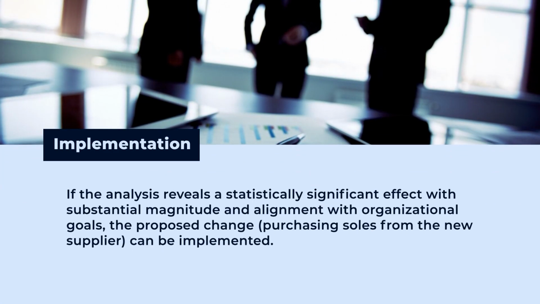Based on this comprehensive assessment, the decision maker has a range of strategic options, such as implementation. If the analysis reveals a statistically significant effect with substantial magnitude and alignment with organizational goals, the proposed change, that means purchasing soles from the new supplier, can be implemented.